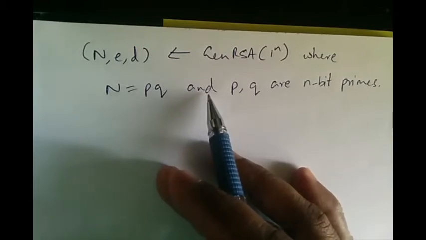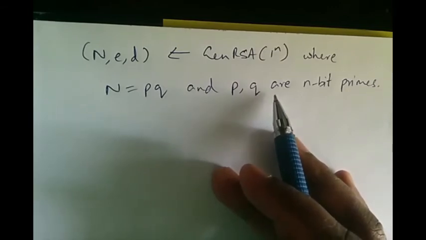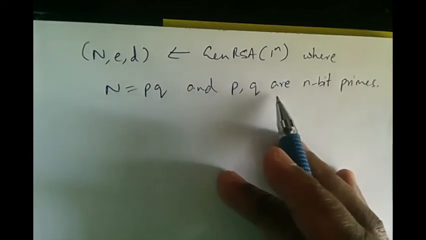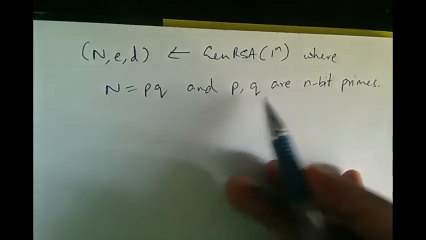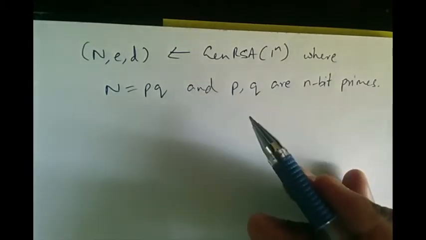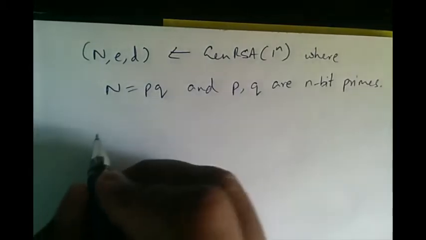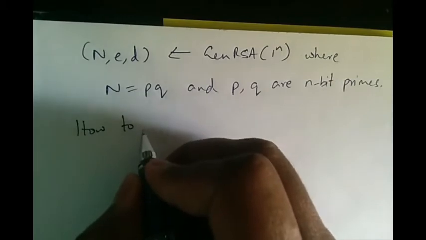Every user, in our example of Alice and Bob, Bob had a modulus which is a product of two primes. Now Alice cannot have the same modulus, so Alice has to have her own modulus. So every receiver of information has to have their own unique modulus. So these P and Q have to be generated differently for every user. So the question becomes how to randomly generate n-bit primes.